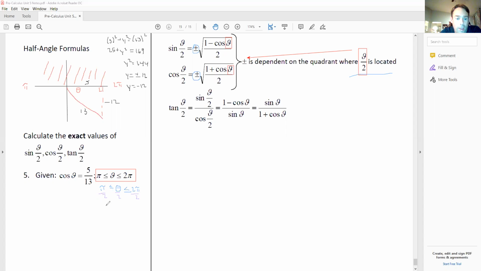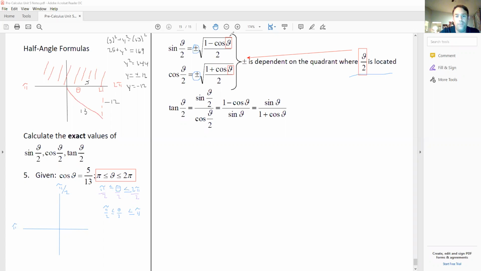Which means my half angle is going to be located somewhere between pi over 2 and pi. So a quick little gander at that here tells me, here's pi over 2, and here's pi.